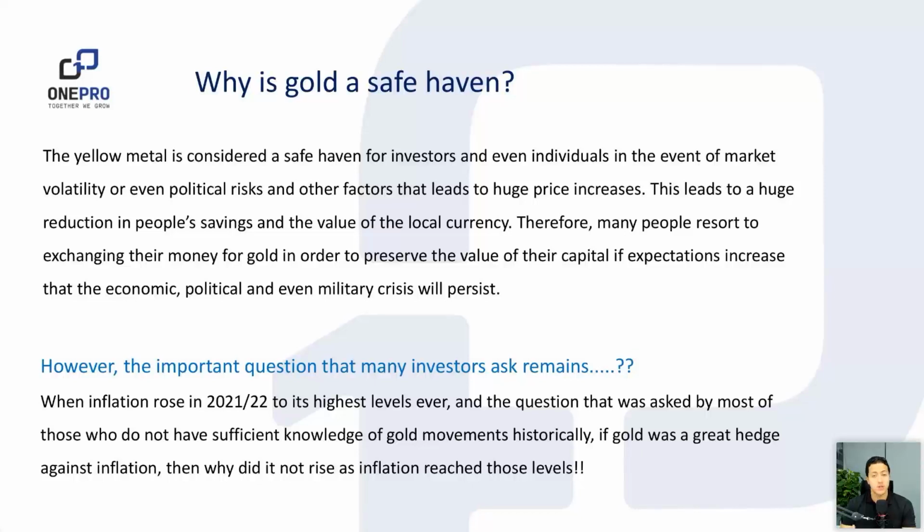Why is that? Because the Federal Reserve basically was raising interest rates. What does it mean to raise interest rates on the US dollar? Let's say today you have some gold, and it's preserving your fortune, as we mentioned. However, on the other hand, the Federal Reserve, which is the central bank in the United States of America, is raising interest rates on the US dollar.